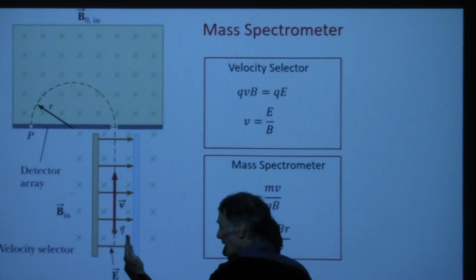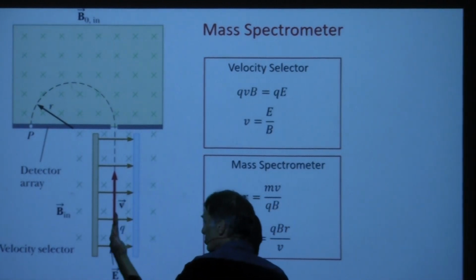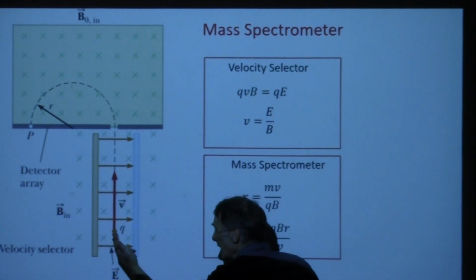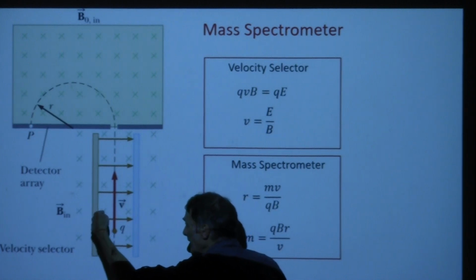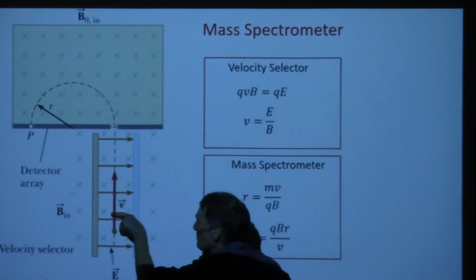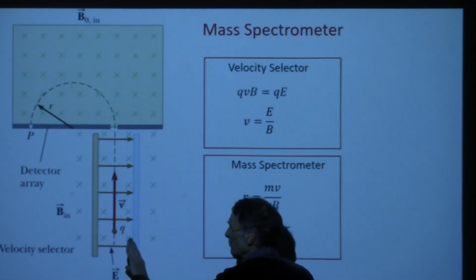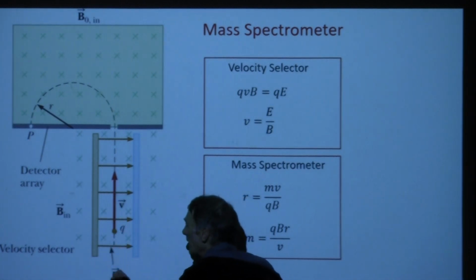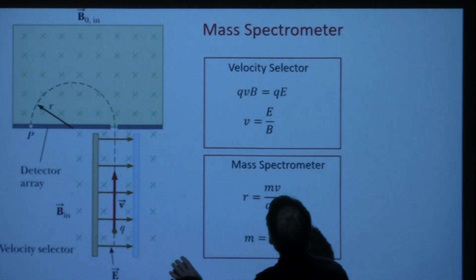So if we had the magnetic field shut off, it would come over this way, like a projectile. Then we also have, with the magnetic field, V crossed into B should be a force back in the other direction. So if we had a magnetic field without the electric field, it would bend off this way. So we can balance those two.